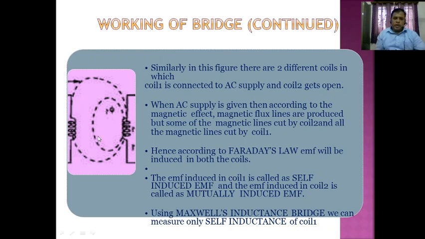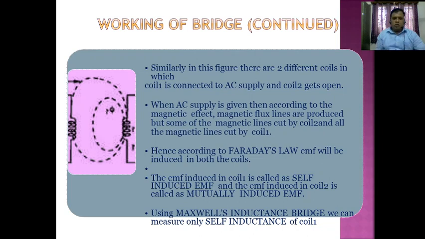two inductances, where there are 2 different coils, and the coil 1 is connected to the AC supply, and coil 2 is open. When the AC supply is given, then according to the magnetic effect, magnetic flux lines are produced, but only some of the magnetic lines are cut by coil 2 and all the magnetic lines are cut by coil 1. Hence, according to Faraday's law, EMF will be induced in both coils because there are 2 coils present here.